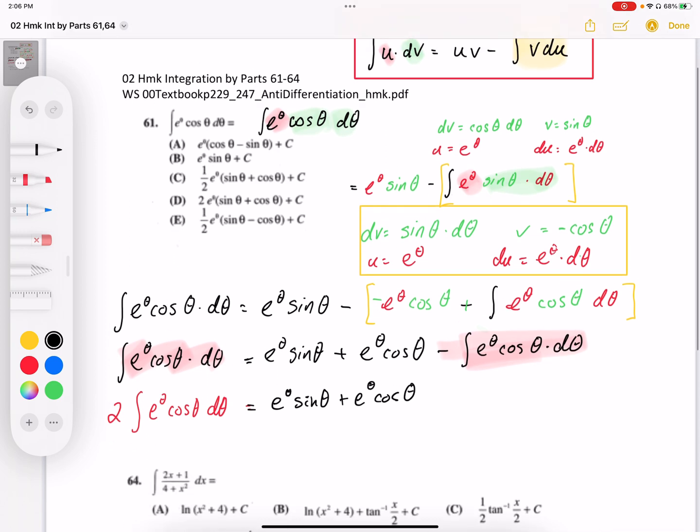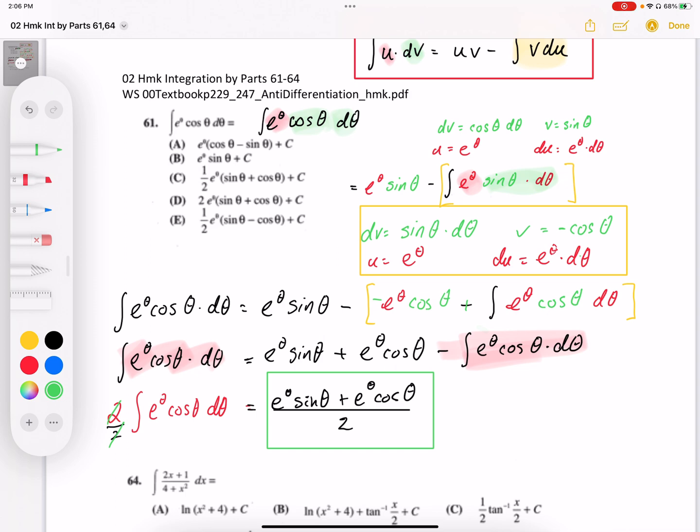Okay, and then we just divide both sides by 2 and we get our answer. So we divide by 2 and divide by 2, and I end up canceling out these terms, so there I have my solution. So this represents the integral of e^θ cos θ dθ.